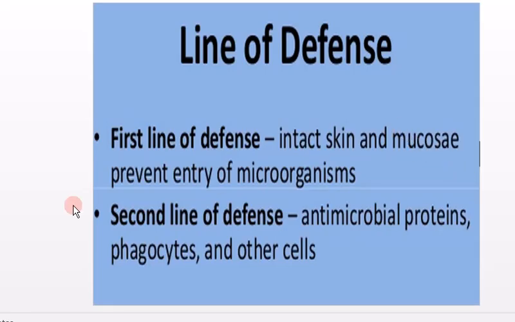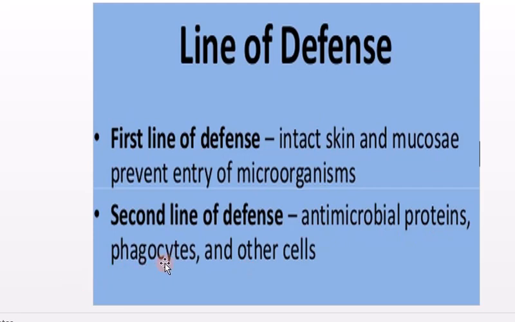All right, the first line of defense and the second line of defense. I'm going to complete these two here. In the first line, we consider skin, mucus, and urine; any other things that are outside our body are the first layer of defense, which prevent the entry of microbes. The second layer is antimicrobial proteins, phagocytes, and other cells. We are going to see very soon which proteins are involved.